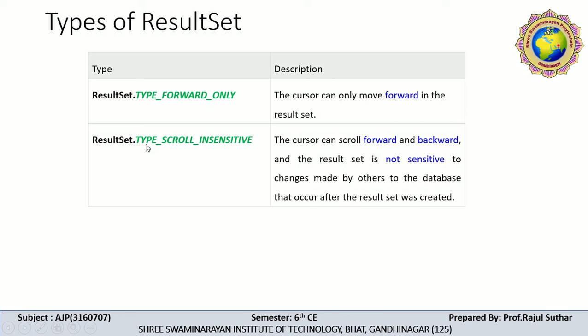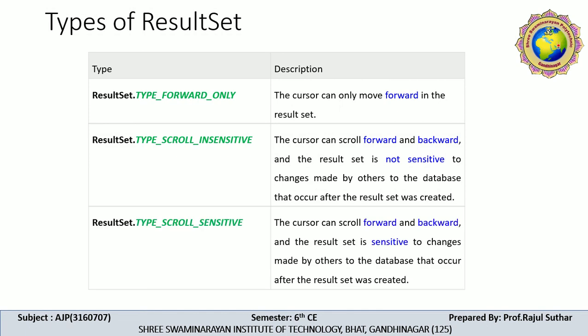TYPE_SCROLL_INSENSITIVE: the cursor can scroll forward and backward, and the result set is not sensitive to changes made by others to the database that occur after the result set was created. And the last one is TYPE_SCROLL_SENSITIVE: the cursor can scroll forward and backward, and the result set is sensitive to changes made by others to the database that occur after the result set was created.